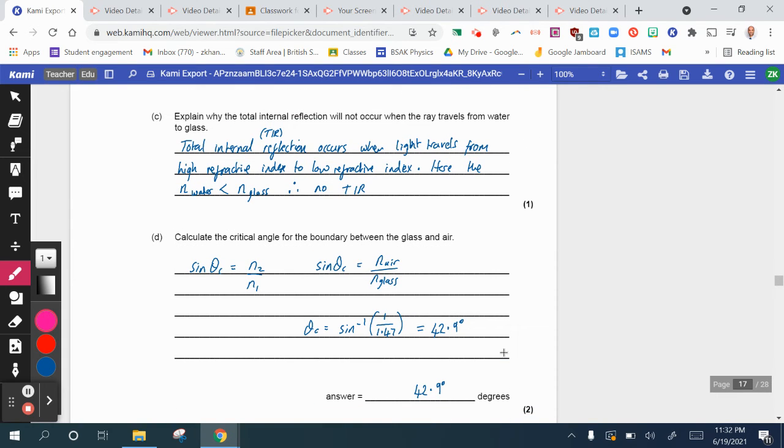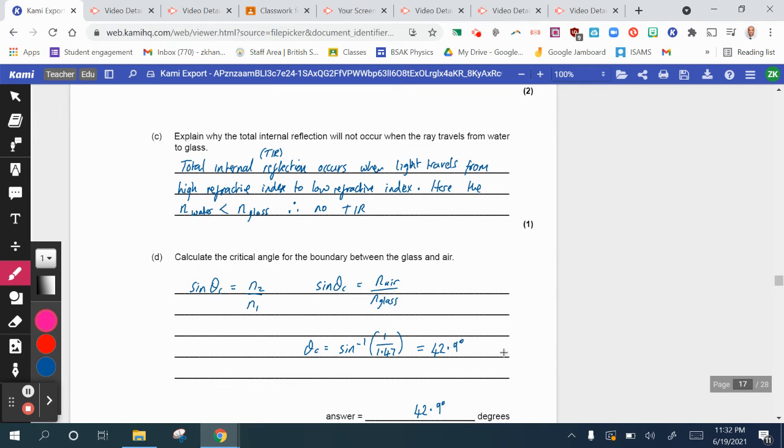Calculate the critical angle for the boundary between glass and air. Okay, so the sine of the critical angle is equal to the refractive index of where the light ray is trying to get to, divided by the refractive index of where the light ray initially is. So that is going from glass to air: trying to get to air, and the light ray is in glass.